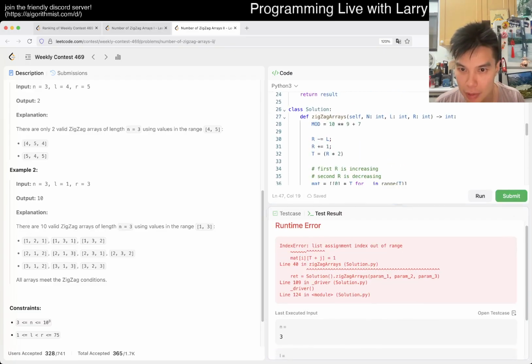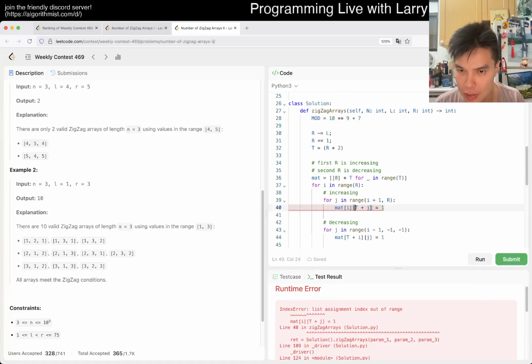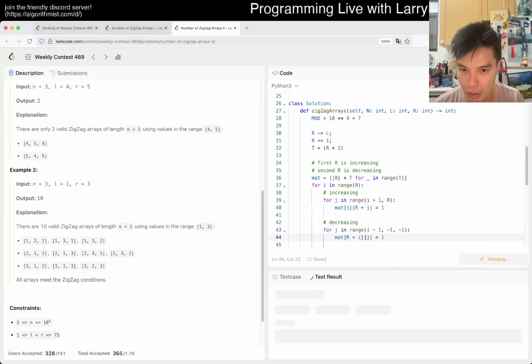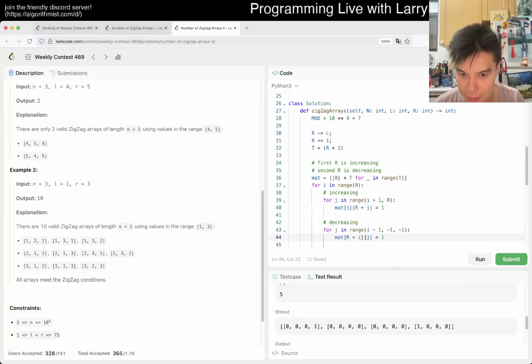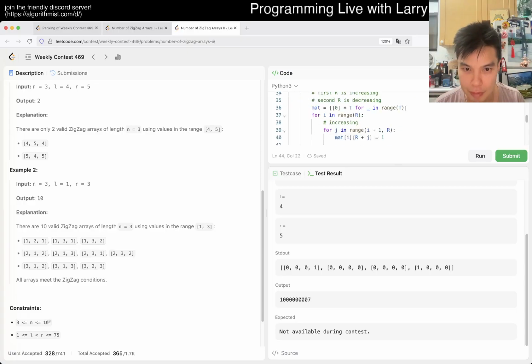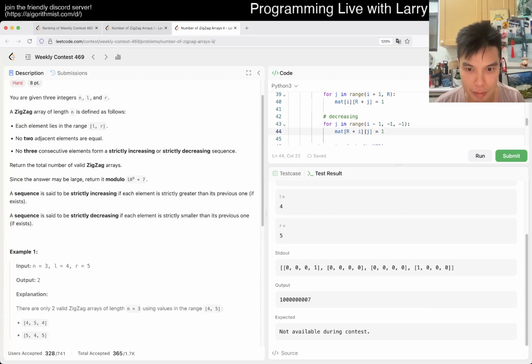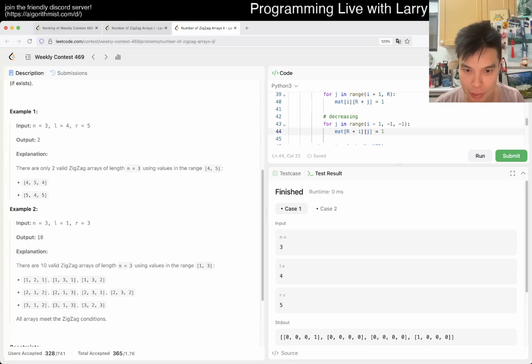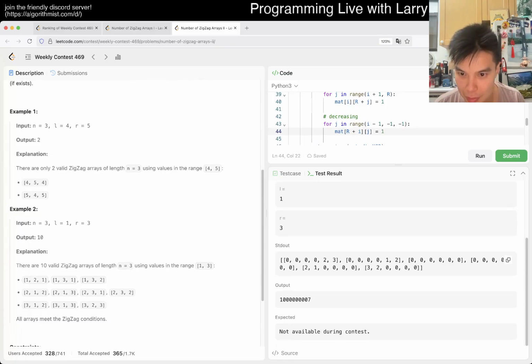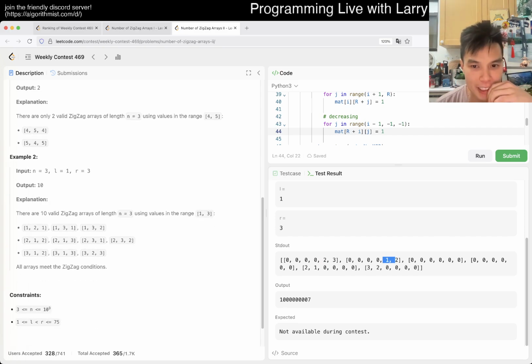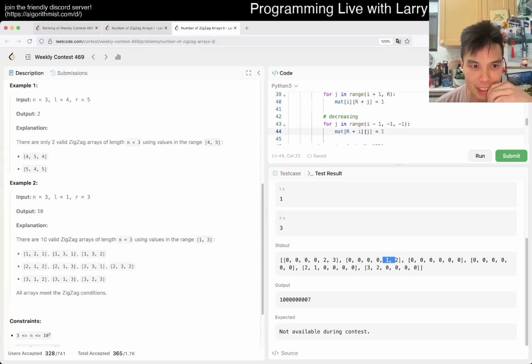This assignment, Y. Oh no, it's not T, it's R. Oops. Obviously, maybe. So this is 2, is that right? 5 plus, this is just 8. Is 8 right? No, it's 10, right?